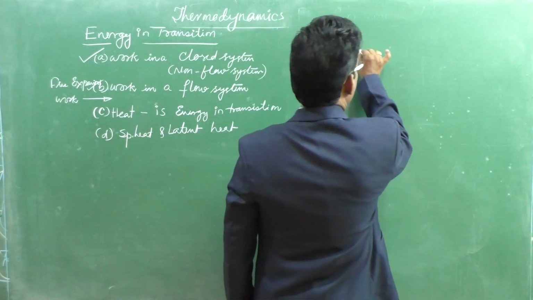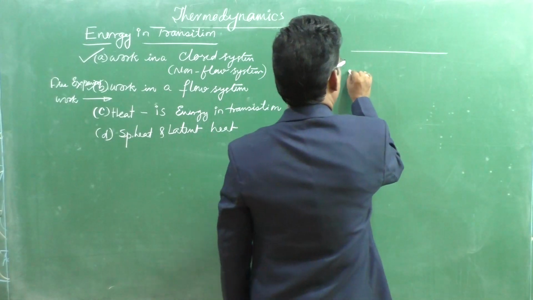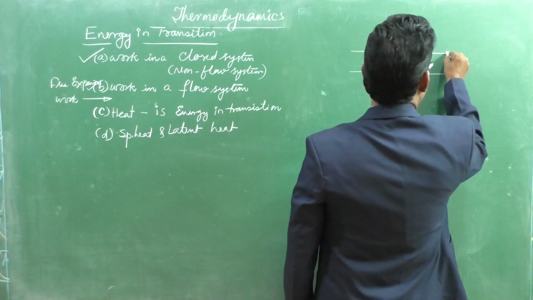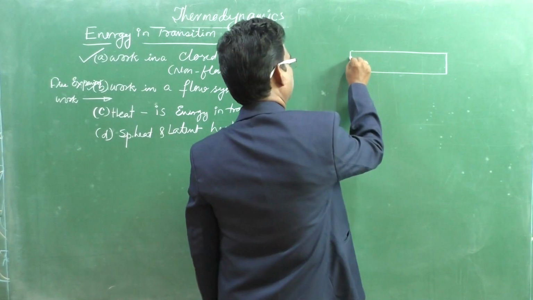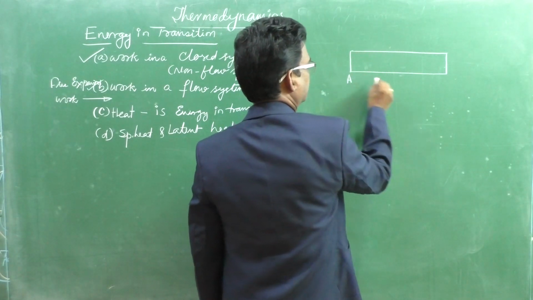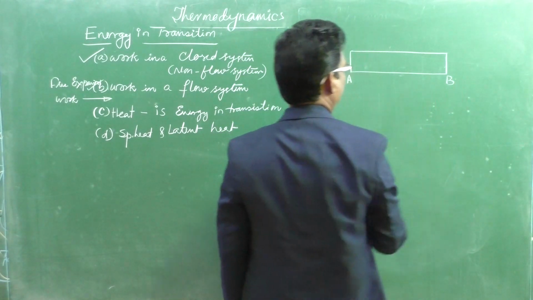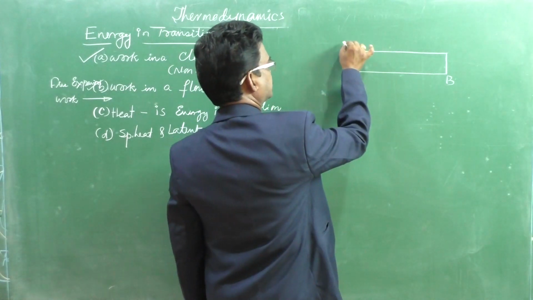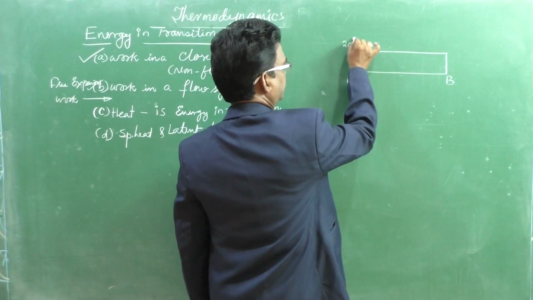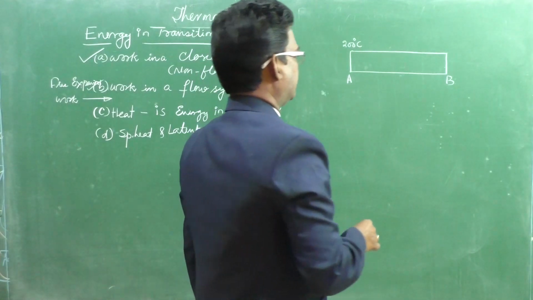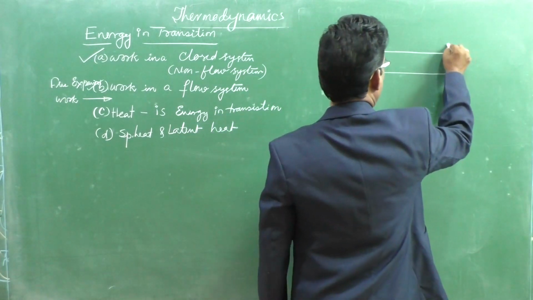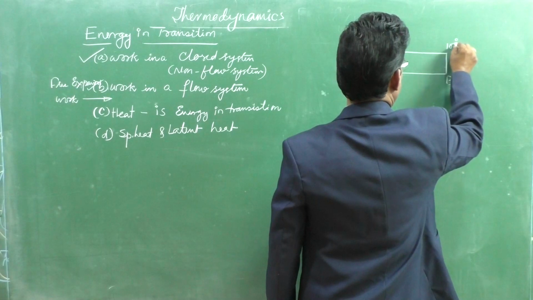Suppose you consider a metallic rod, this is end A, and this is end B. Here the temperature is 200 degrees centigrade, and here the temperature is 100 degrees centigrade.